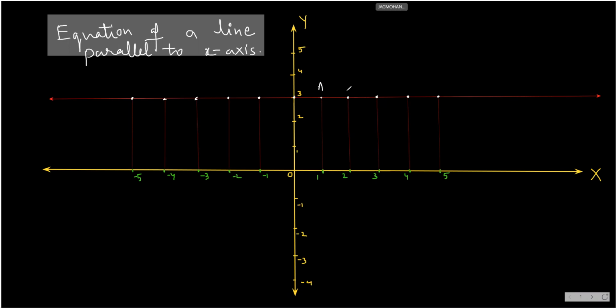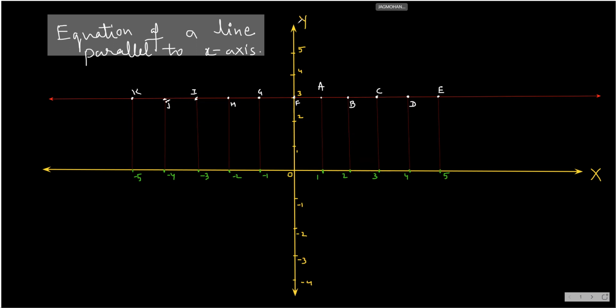Okay. A, then B, C, D, E. Here you have F. This is G, H, I, J, and K. Right? Now let us write the coordinates of these points.